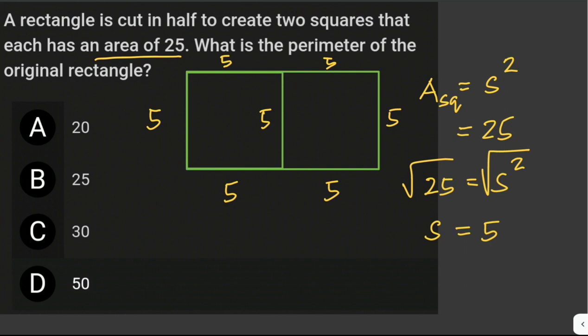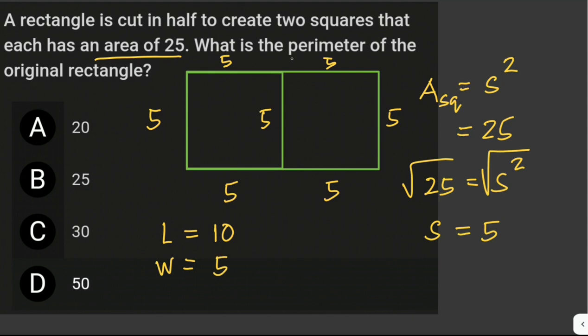So therefore, the rectangle has a length L that is equal to 10, and then the width, which is equal to 5.